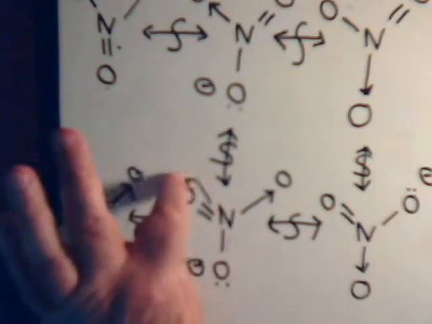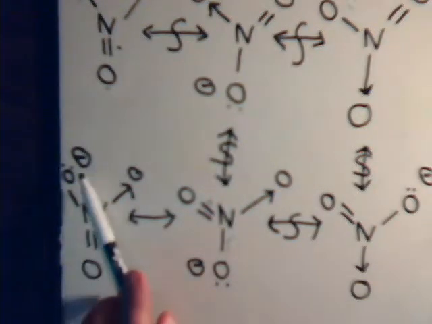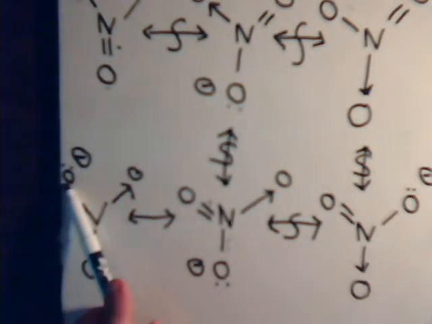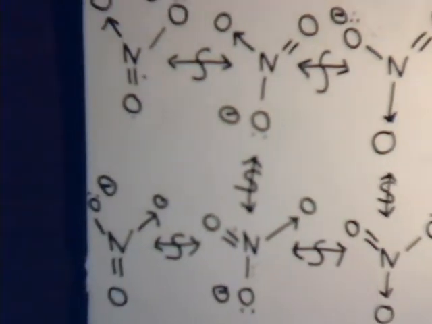Now let's take these arrows out because they can be kind of confusing. And let's compare these two structures. Here, double bond at the bottom, single negative charge at the top. Here they're just switched around. Those are symmetrical. Now let's compare this one and this one.